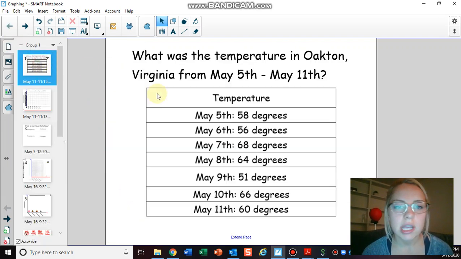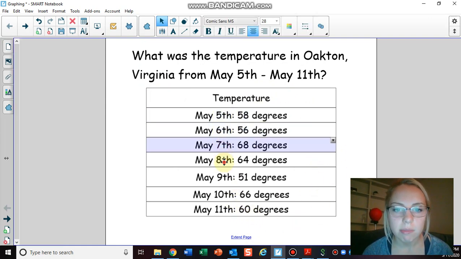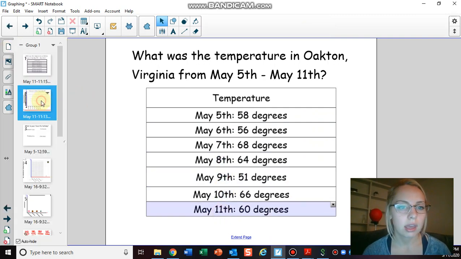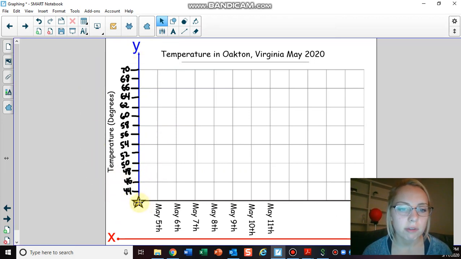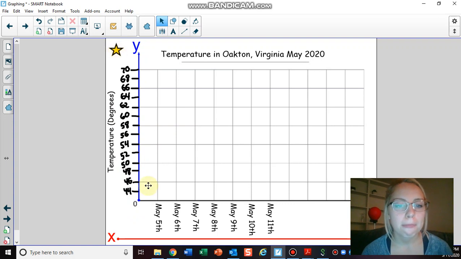Because remember on our data chart, it shows the degrees for the temperature for each day. May 5th, May 6th, May 7th, May 8th, May 9th, May 10th, and May 11th, okay? So on our y-axis, we have our numbers for temperature. Remember, we have this jump from 0 to 44 because none of our temperatures dip below this 50 right here.